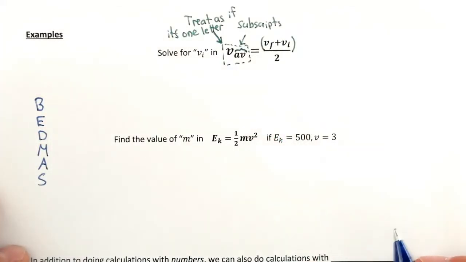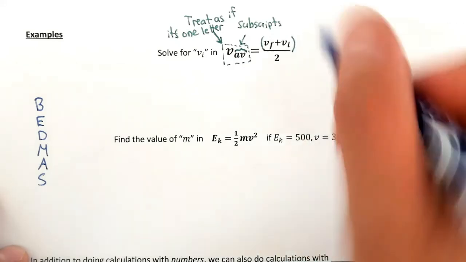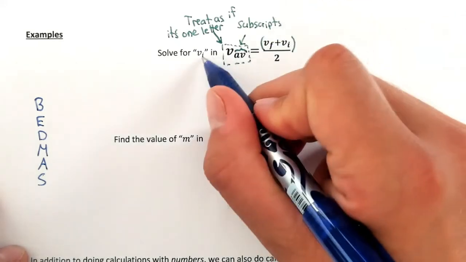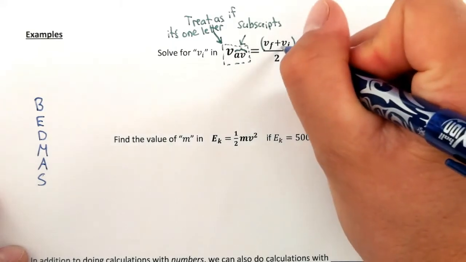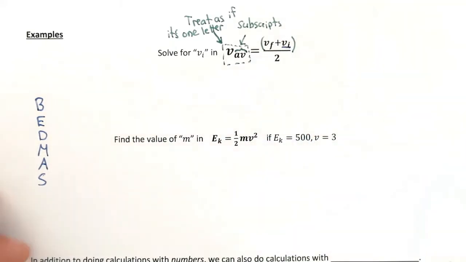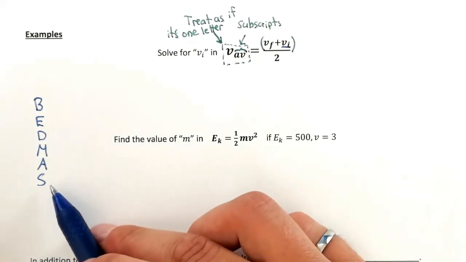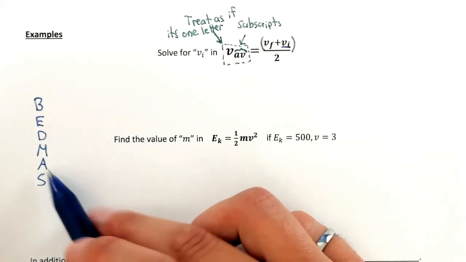So, the thing I'm trying to solve for here is VI. I'm going to underline it because that helps me remember what I'm trying to solve for and what math I have to undo. So, doing my BEDMAS backwards, I'm going to look for any addition and subtraction.